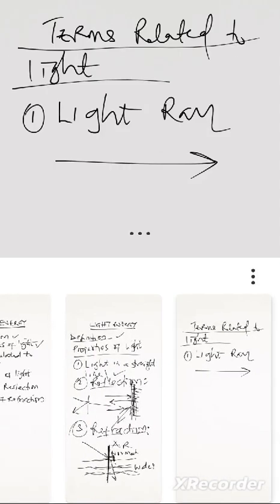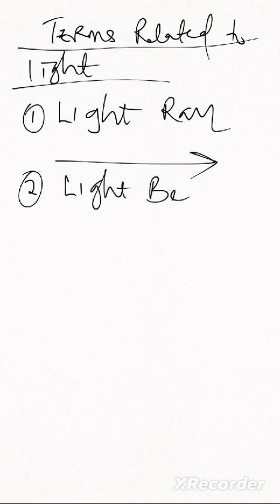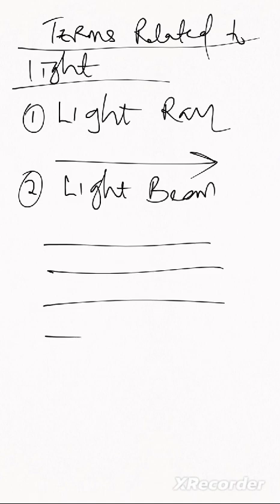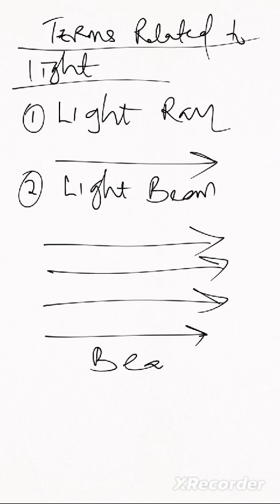So the next term related to light, as has been treated in your note, is beam of light, or you call it light beam. Whether you call it light beam or beam of light is the same thing. What is light beam? Light beam is just a collection of more than one light ray. A collection of more than one light ray is what's called light beam, or a beam of light.